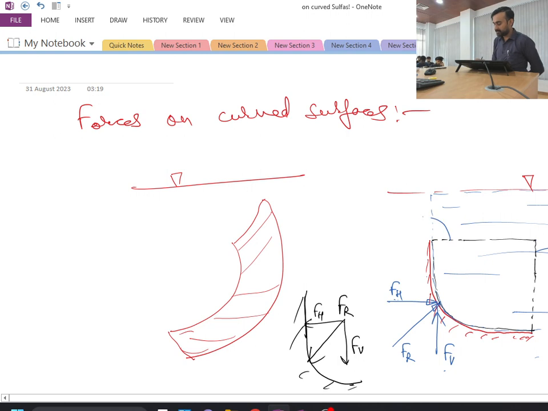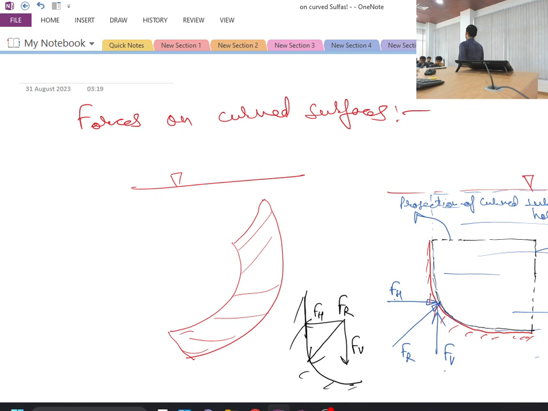and this line is the projection of the curved surface on the horizontal plane. These two projections now form planar surfaces.